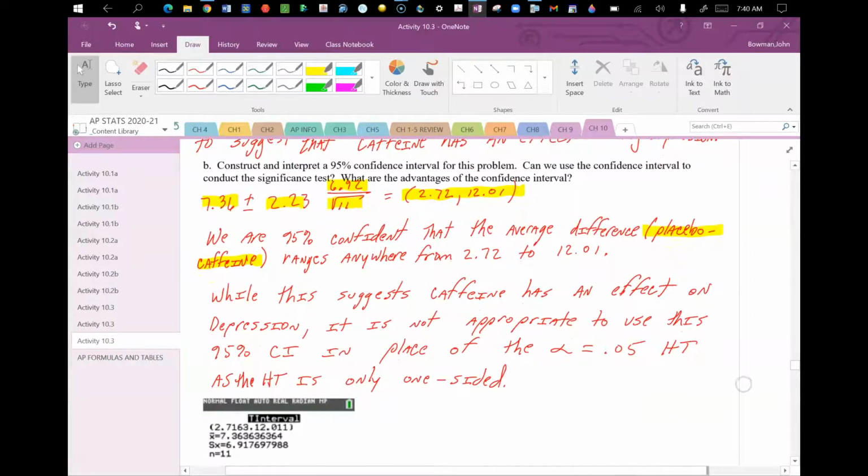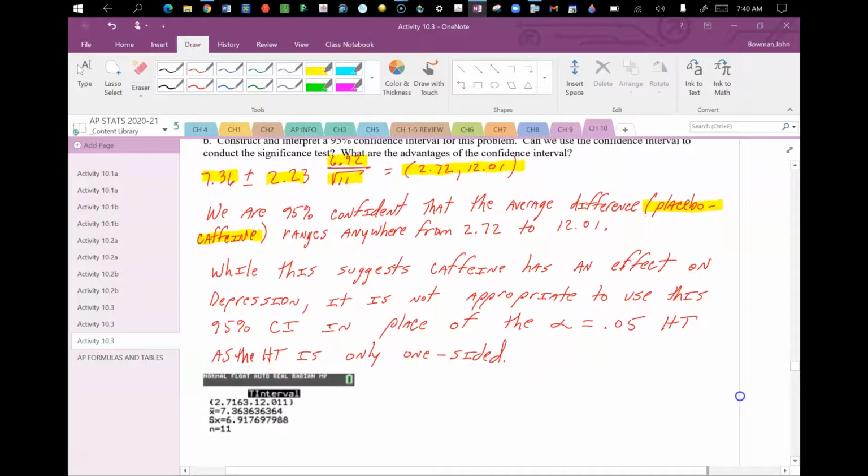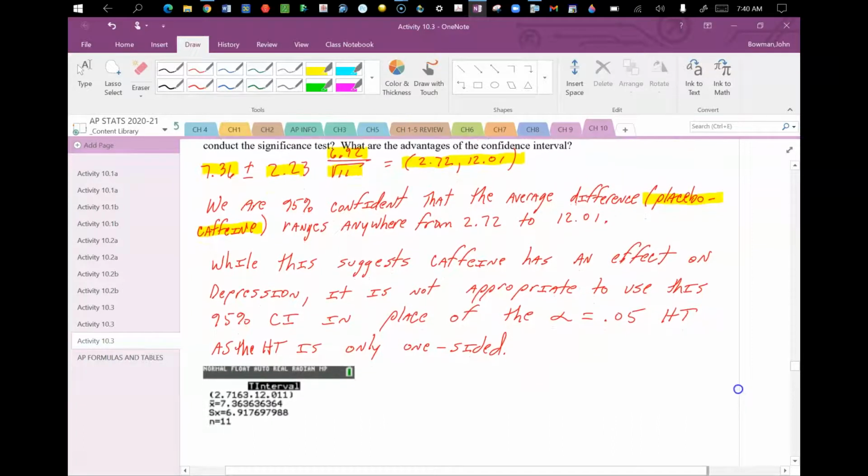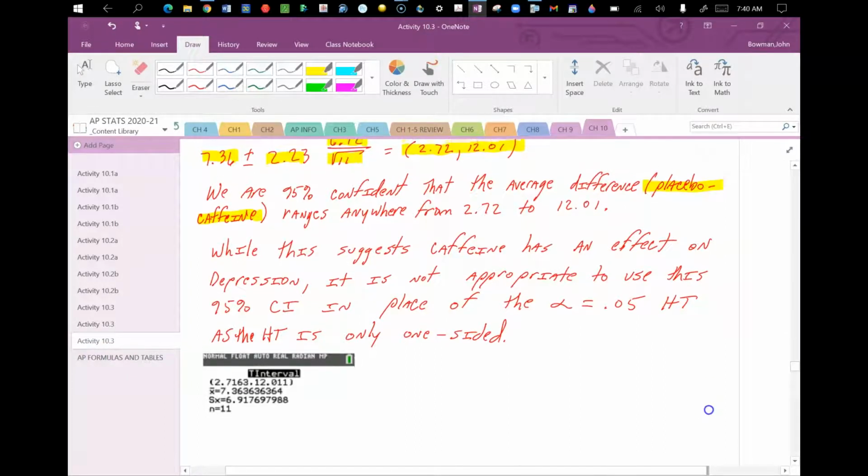So while this suggests caffeine has an effect on depression, it is not appropriate to use this 95% confidence interval in place of the alpha equal 0.05 hypothesis test. Why? Because you're really only supposed to use a confidence interval in place of a two-sided alternative.